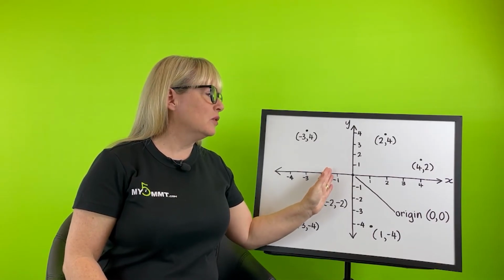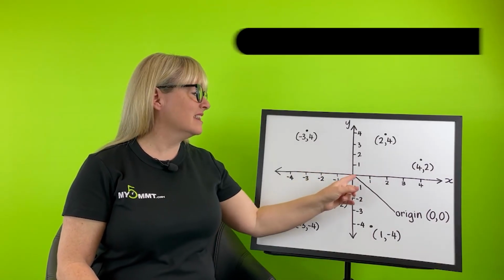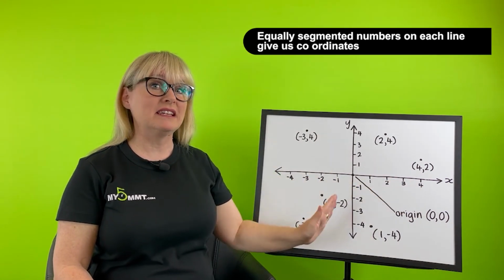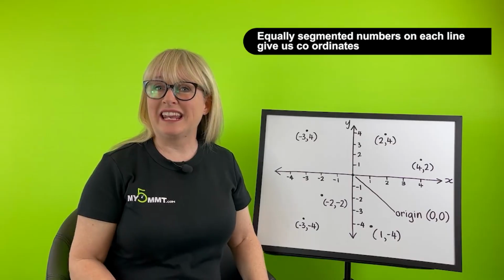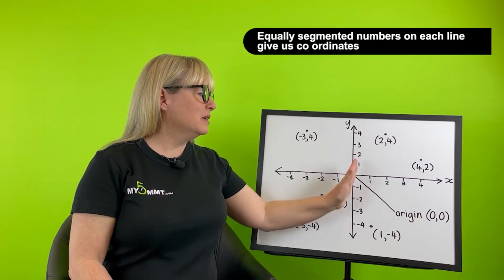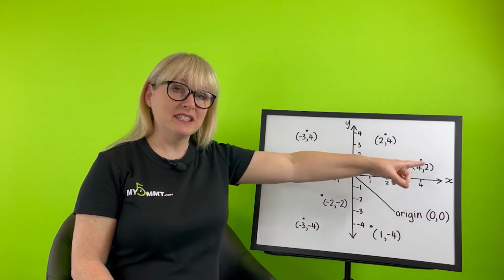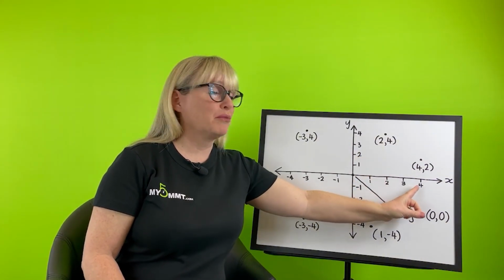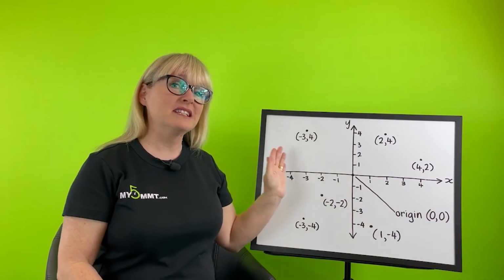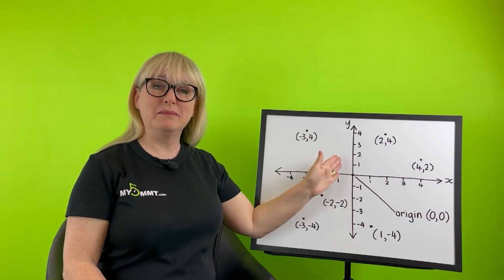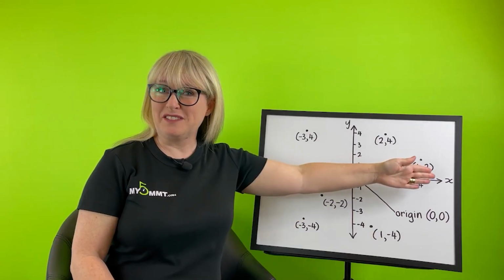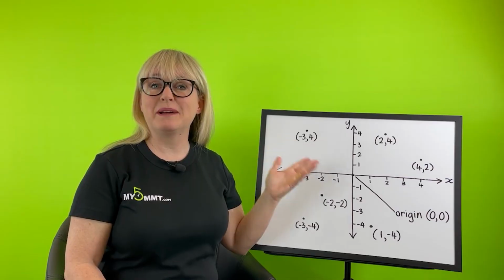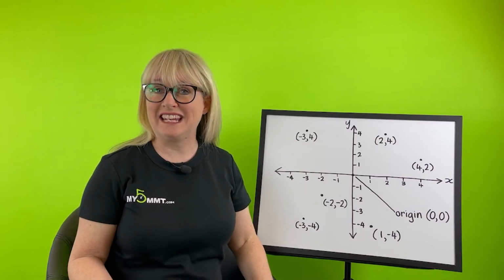But if we look at my Cartesian plane, you can see that I've got equally segmented numbers labeling every single line. That's how we get our coordinates. We equally segment our lines, and we have this way to the right are positive numbers, 1, 2, 3, 4. Now that makes sense because it's like a number line with 0 in the middle. So they would be positive numbers. But coming to the left of that 0, we're going to have numbers that are less than 0, which are negative numbers.